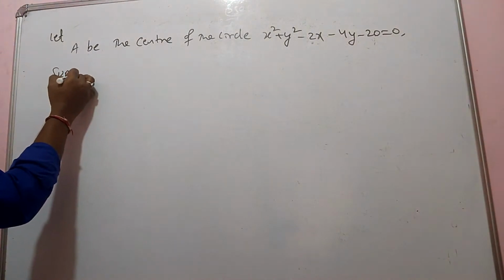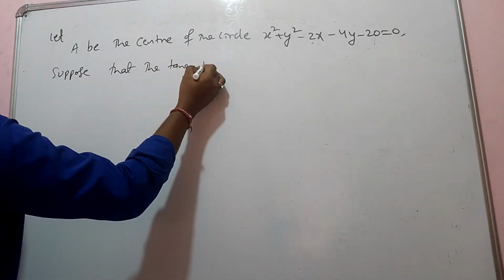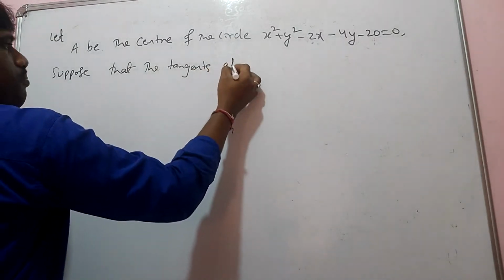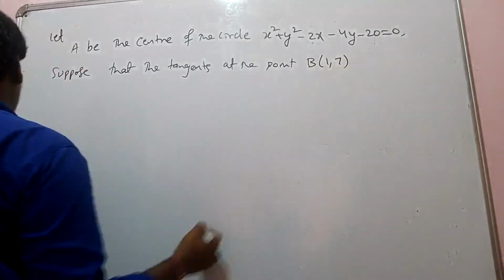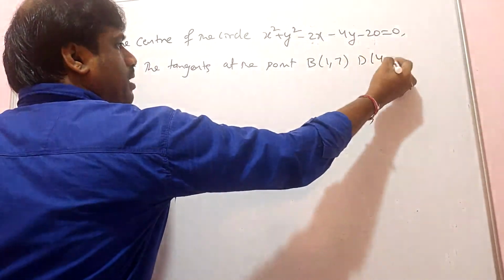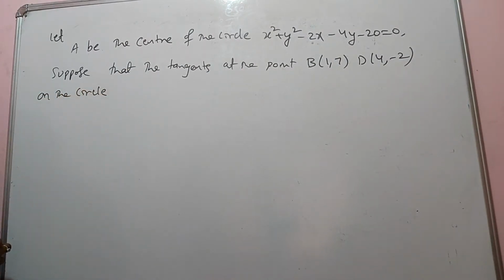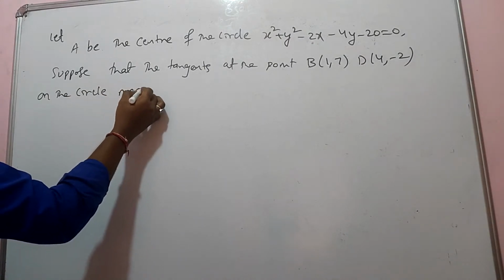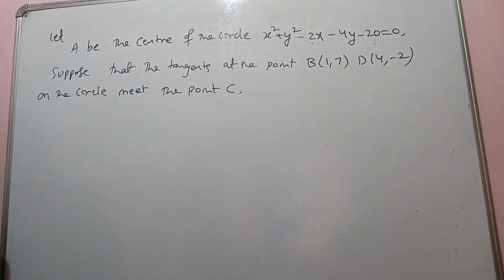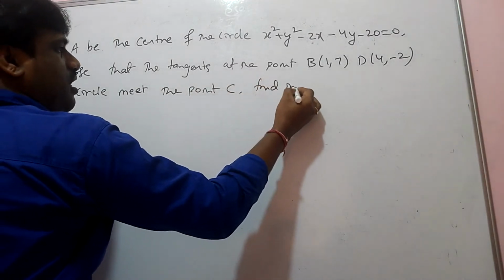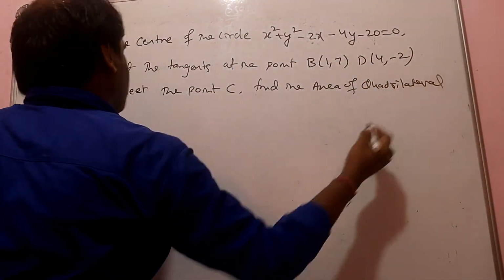Suppose that the tangents at the points B(1, 7) and D(4, minus 2) on the circle meet at the point C. Find the area of the quadrilateral ABCD.